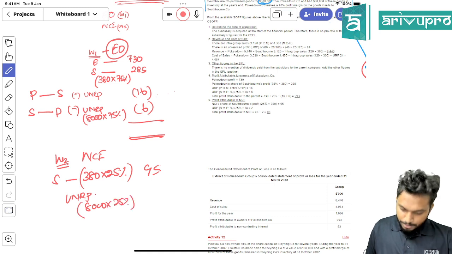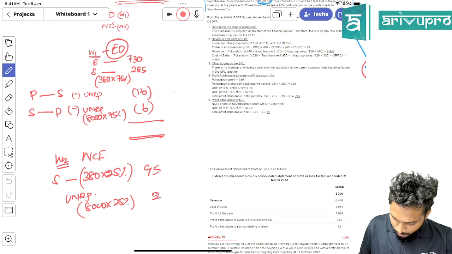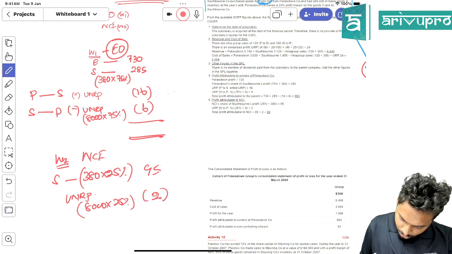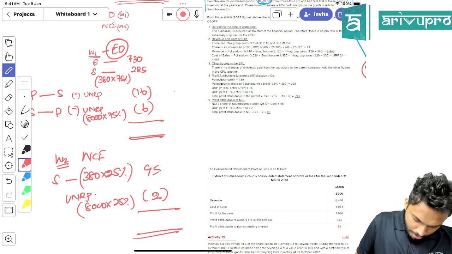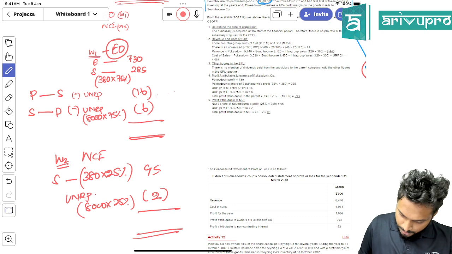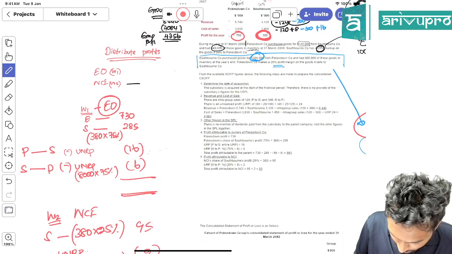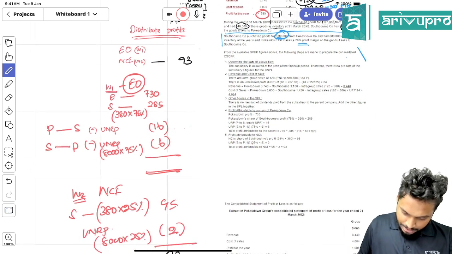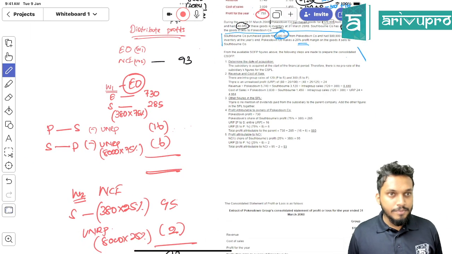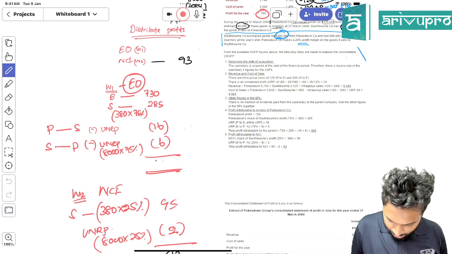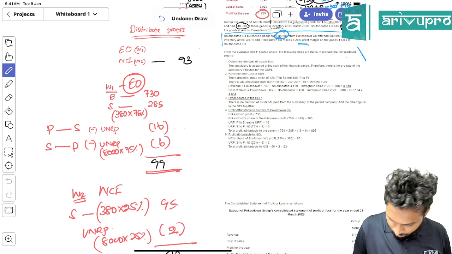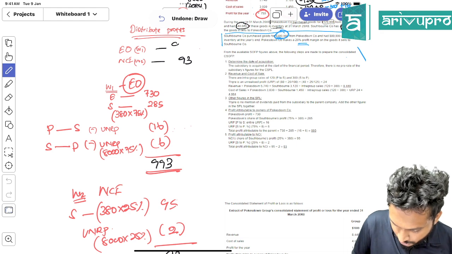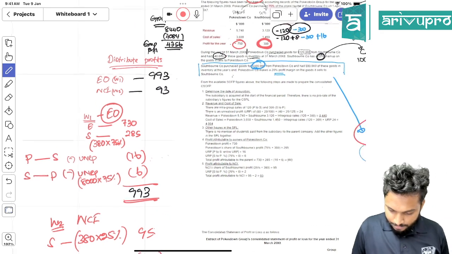So what is that 25%? 2,000. So that needs to be removed. So their profits distributed among these two is going to be, here it is 93. So the non-controlling interest holders will get 93. Then equity holders will get how much? 993. So equity holders will get 993.